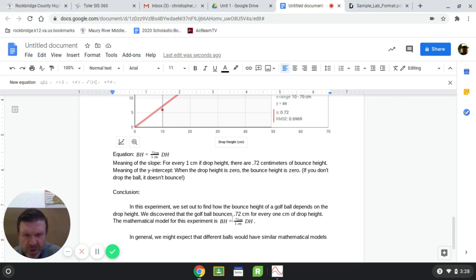But what would be different? So what would be the same and what would be different about this? I think the thing that might be different, we might expect that it would still be some kind of proportional relationship, but maybe it would be like more or less bouncy than the golf ball. So maybe like this particular number would be different, but it would still be an equation like that. We might expect that different balls would have similar mathematical models, but with a different slope.